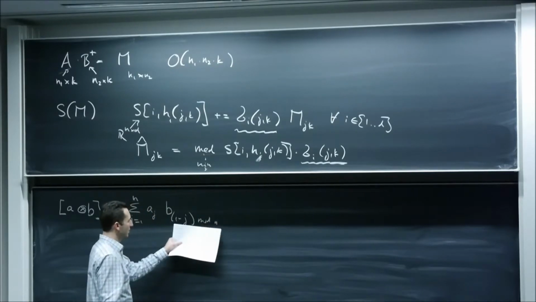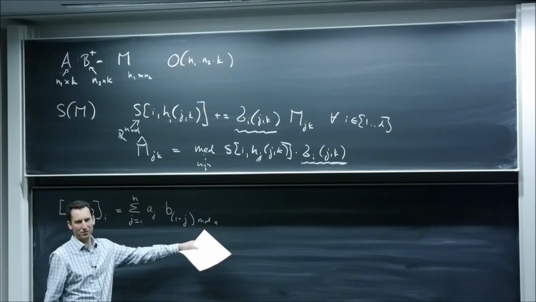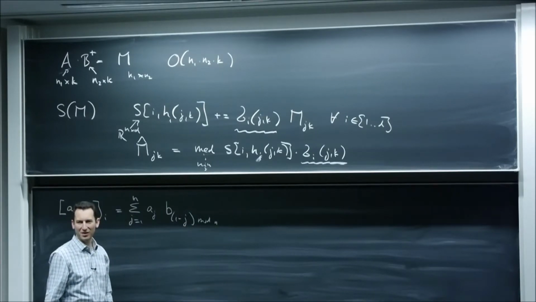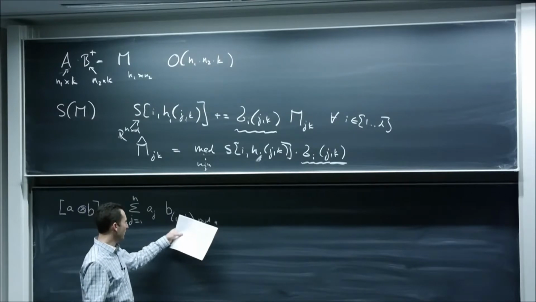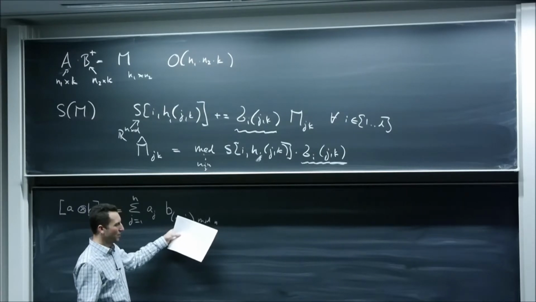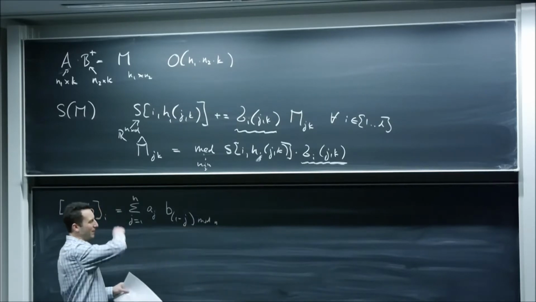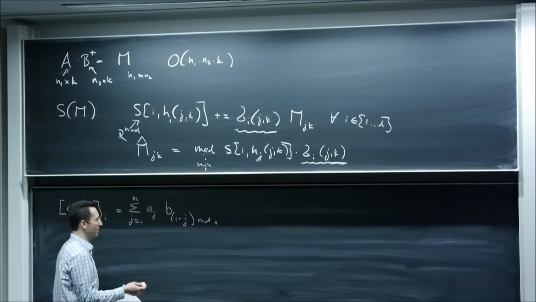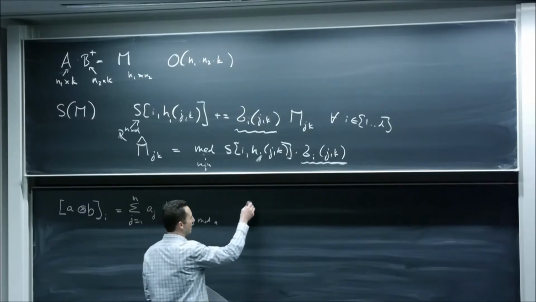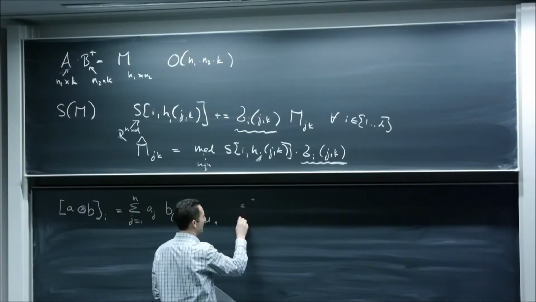Trick question, why do I need the mod? Exactly. It could be smaller than j, so you basically need to map it back into that vector. So I'm not really looking at vectors, I'm actually looking at rings.